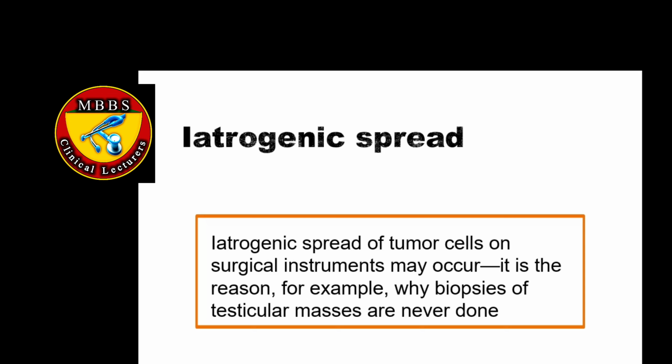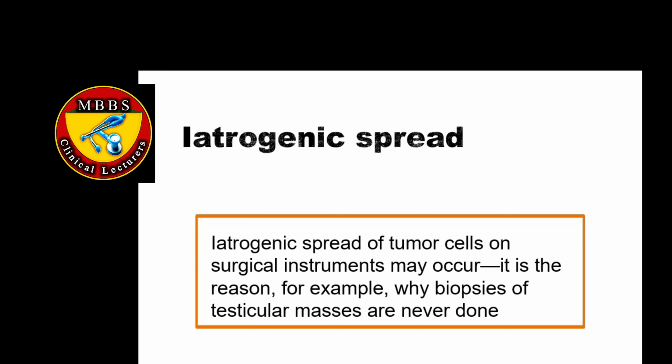When the surgeon uses that instrument on different parts of that open cavity, the tumor cells may invade different parts of the body through that surgical instrument. This is known as iatrogenic spread. That is because of the fault of a doctor.